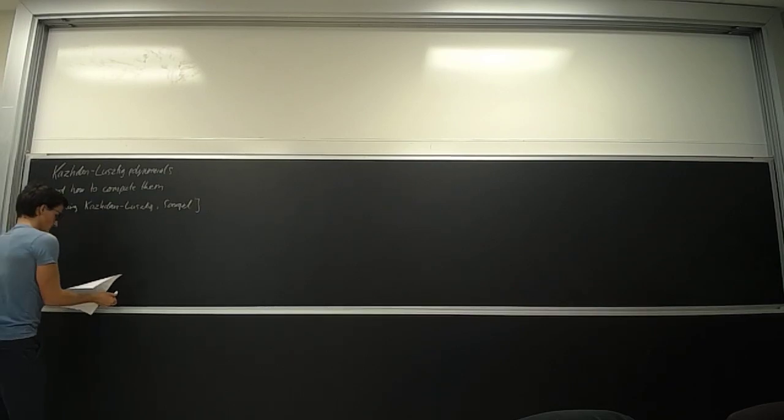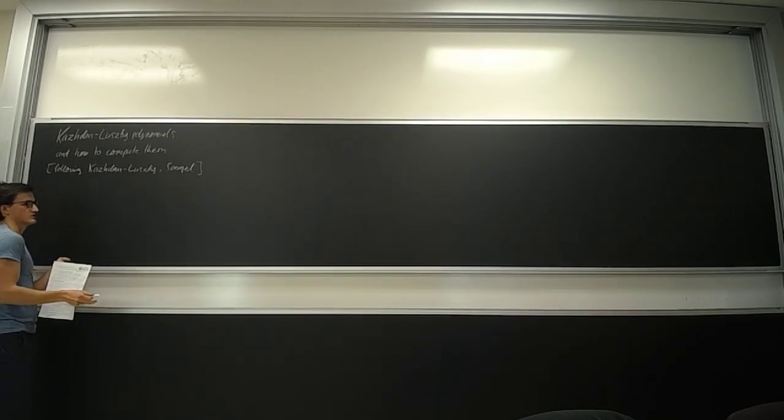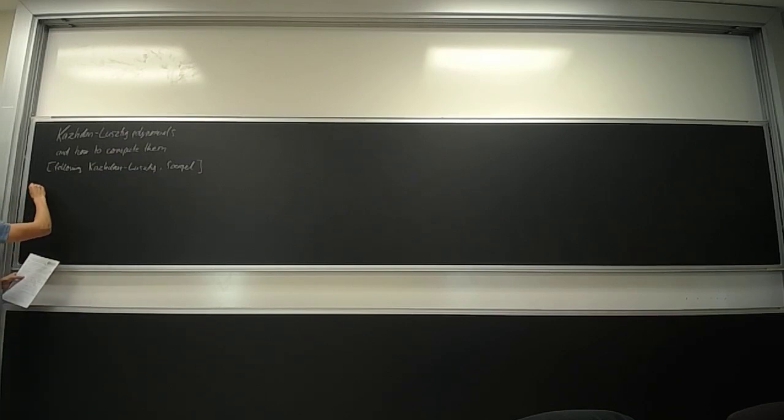And maybe a little bit of motivation why you might be interested in Kazhdan-Lusztig polynomials. Well, one valid reason is that they control basically all of the representation theory of complex simple Lie algebras.